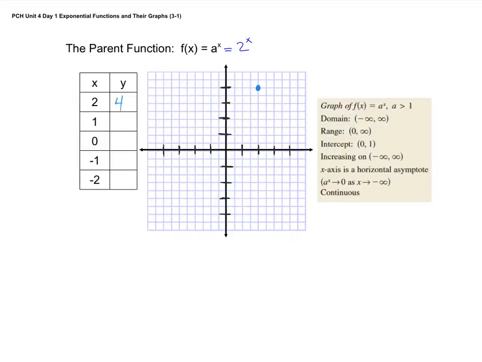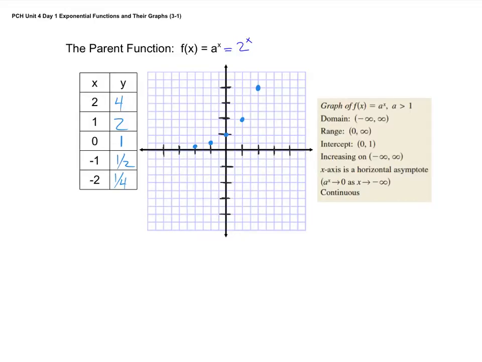If x is 1, 2. So (1, 2), (0, 1), (-1, 1/2), (-2, 1/4), because it's 1 over 2 squared for 2 to the negative 2.